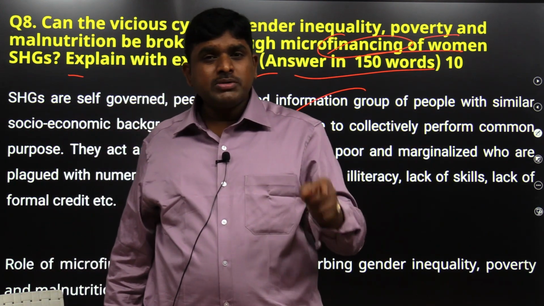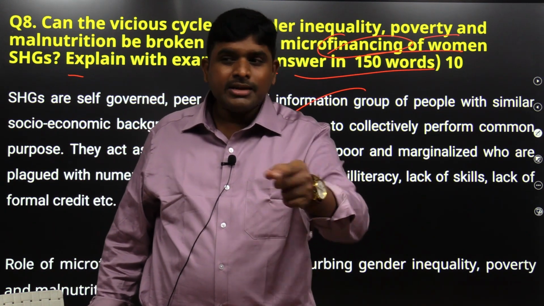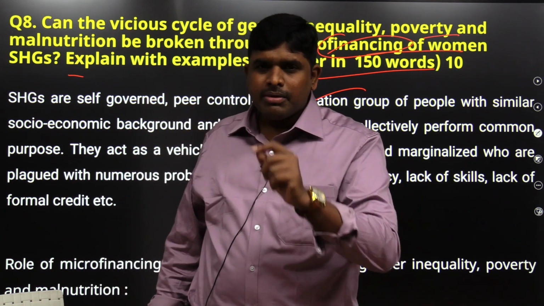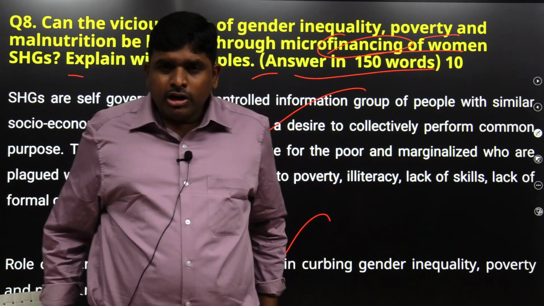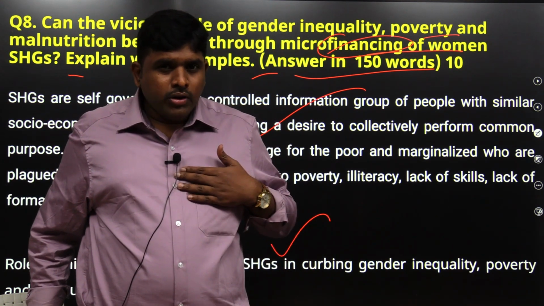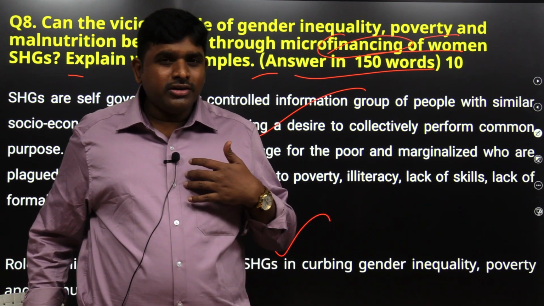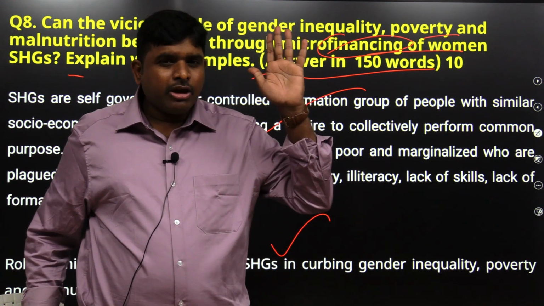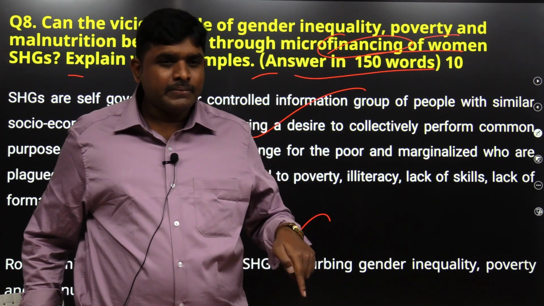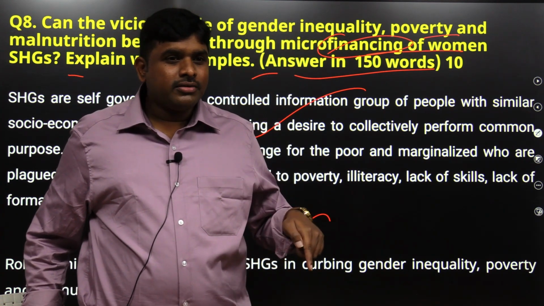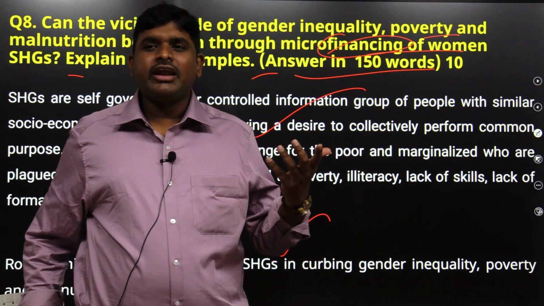Why? Because in self-help groups the guarantee is given by the other members. Here are two benefits. Number one, when I am part of a group and I took the loan and the guarantors are group members, if I don't pay the money, leave aside the microfinance company, these neighbors will not keep quiet. They will ask, I gave you guarantee, where are you running?